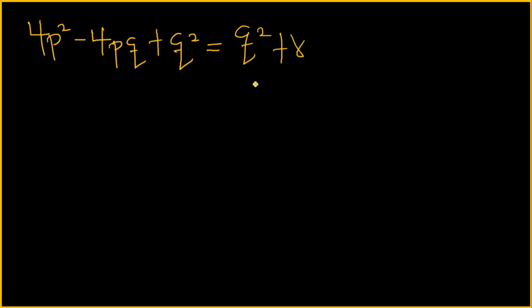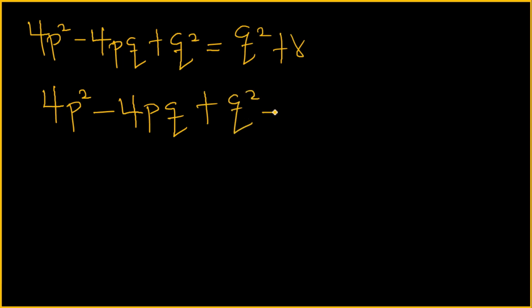Now we can move on to find our value r by taking q squared to this side of the equation. So we have 4p squared minus 4pq plus q squared minus q squared equals r.